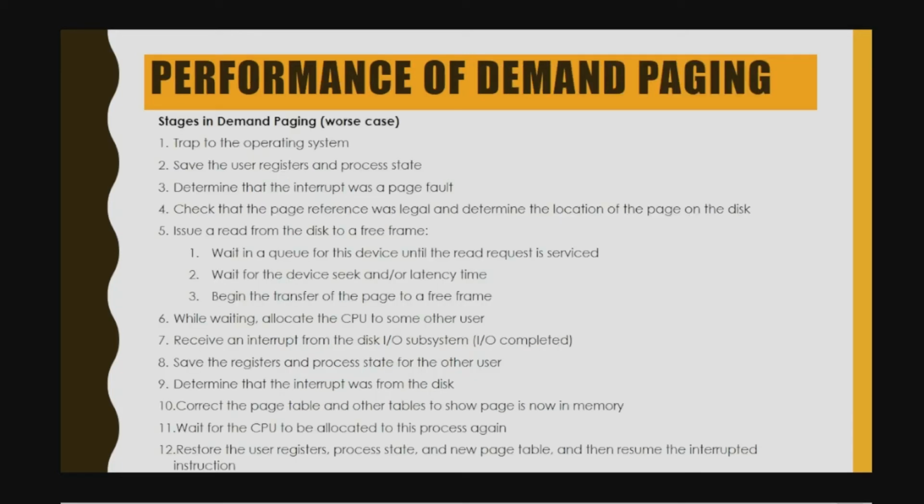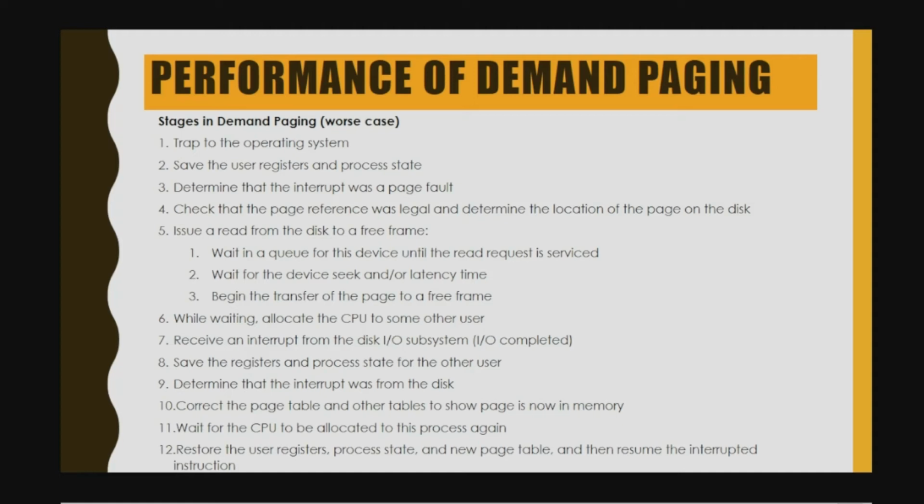Okay, next is about the performance of demand paging. The stages in demand paging, the worst case scenario. Number 1, trap to the operating system. Second, save the user registers and process state. Number 3, determine the interrupt was a page fault.